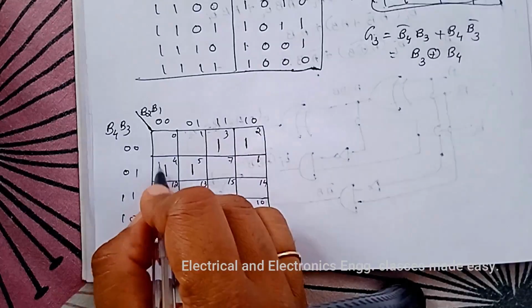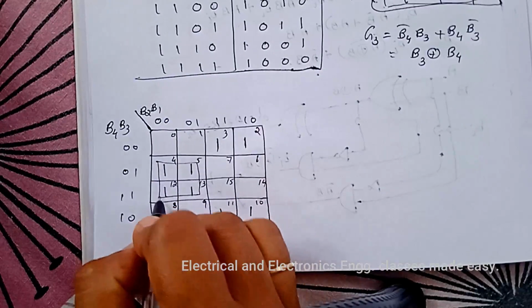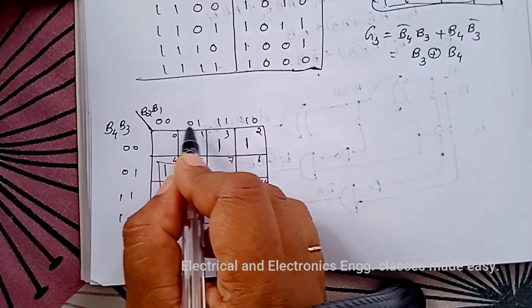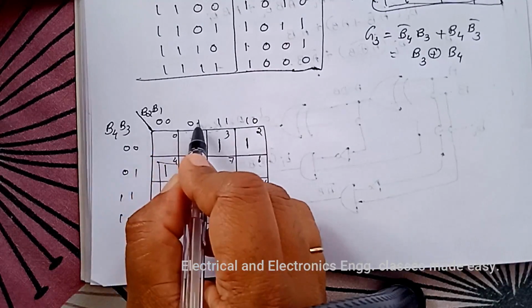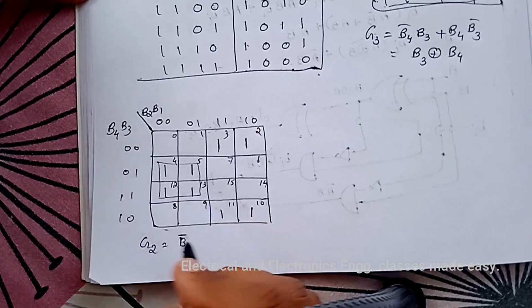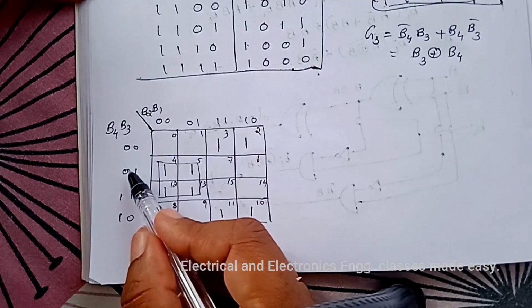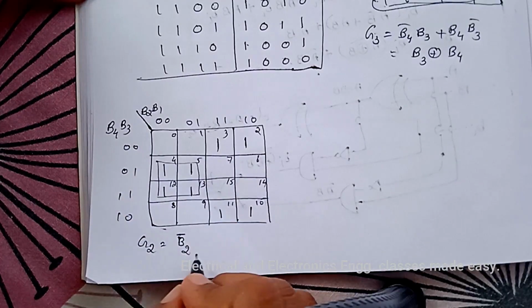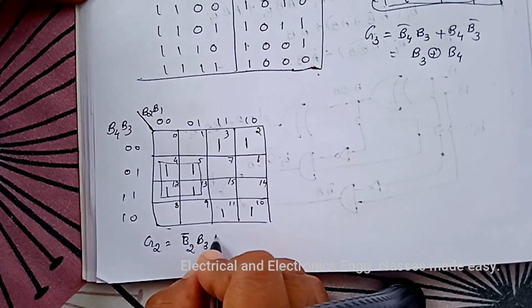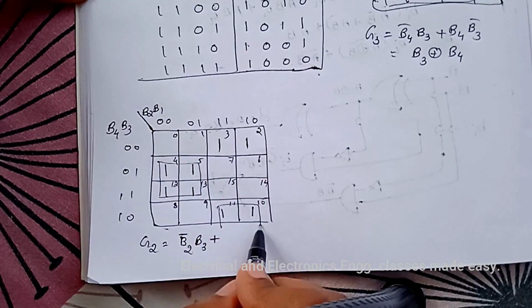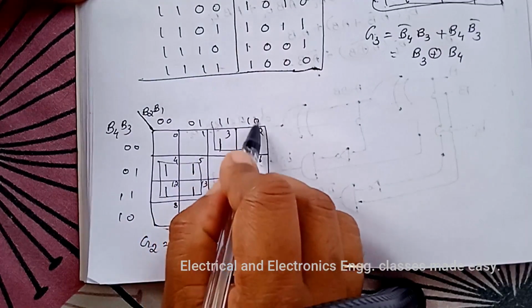So here these four squares we can combine, and here the changing variable is b1, so we can write b2 bar. Here the changing variable is b4, so we can write b3. Then plus, here we can wrap these two squares and these two squares.